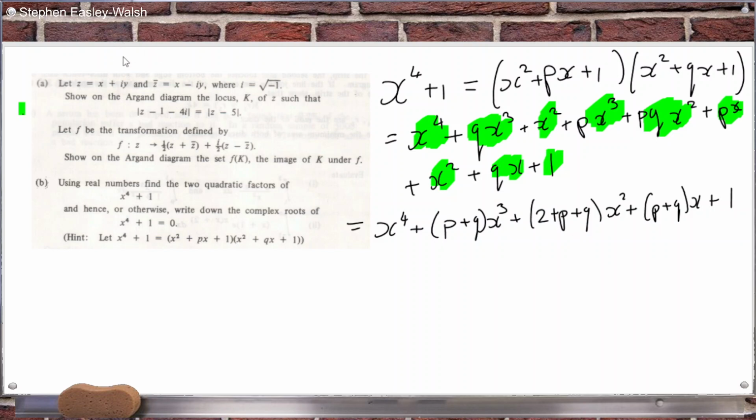Alright, that looks okay. x^4, that's alright. qx cubed, px cubed, no other x cubed, so that's right. x squared, pqx squared, I think that's what I missed.